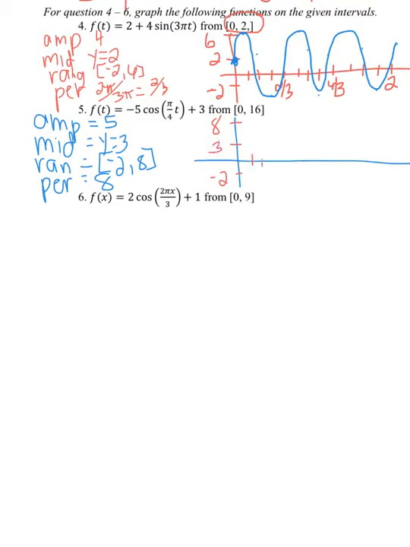And then I have 1, 2, 3, 4 is 8. 1, 2, 3, 4 is 16. This is a negative cosine graph, so I start down and then I come up. So this would look nice and curved like that.